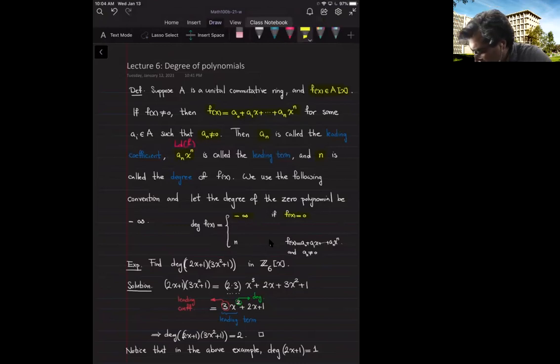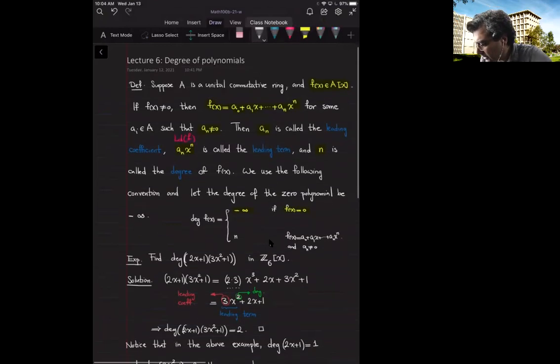If the polynomial is not 0, then the degree is the largest exponent that has a non-zero coefficient. That term is called the leading term, and that coefficient is called the leading coefficient.